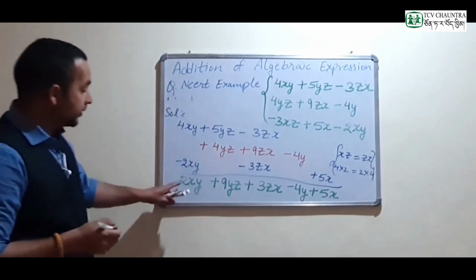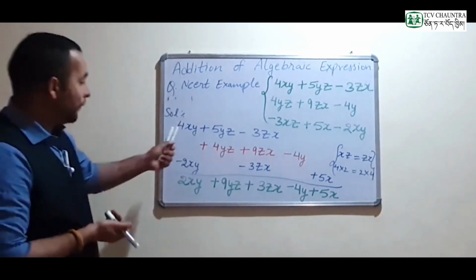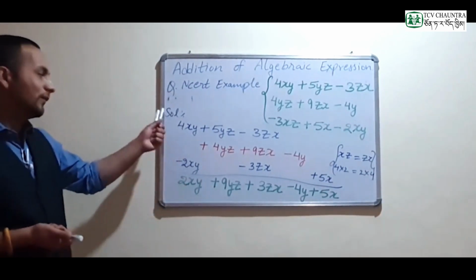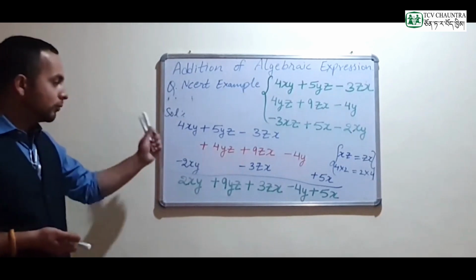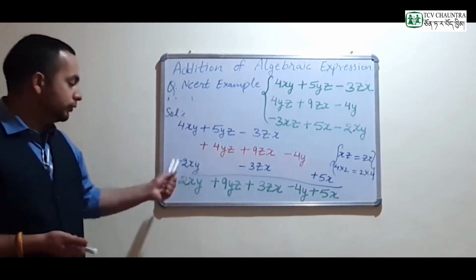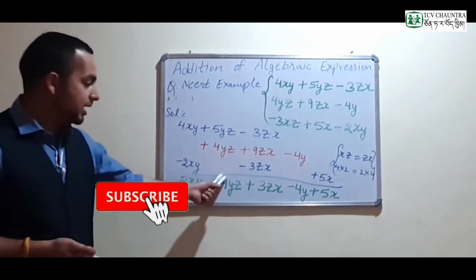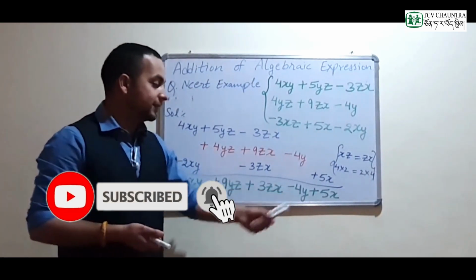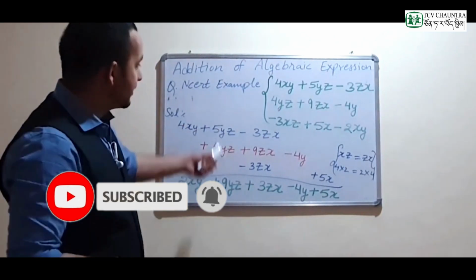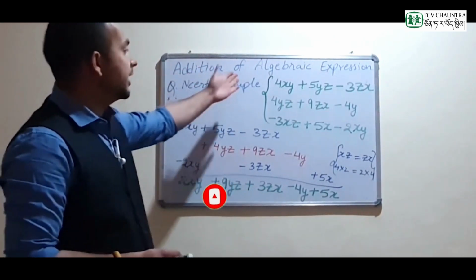Why is it positive 2xy? Because 4 is the greater number, and in front of 4 there is a positive sign. So positive 4 minus 2 is always positive 2. So 2xy plus 9yz plus 3zx minus 4y plus 5x. This is your answer for how to add the algebraic expressions in a row.